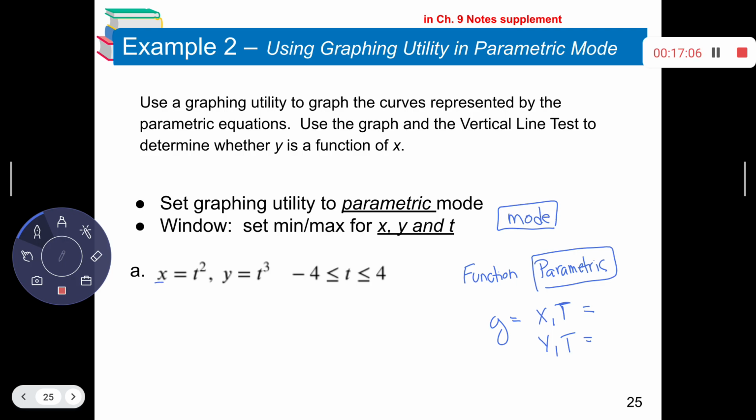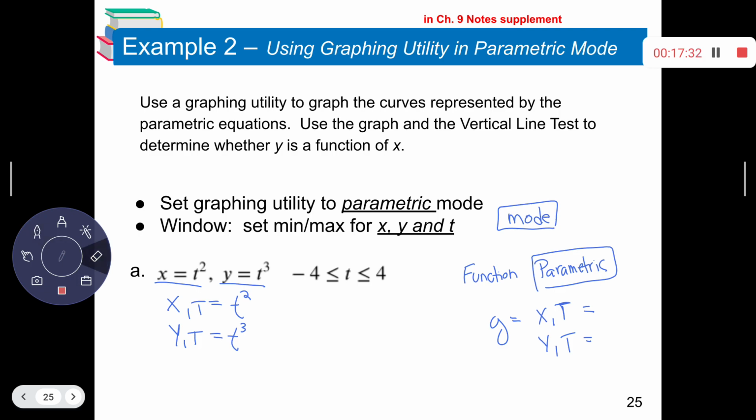So practice that right now and put in the first line, x1 of t. You would put in t squared. And you'll notice when you hit your variable button, it's going to put a t in there. It's not going to put an x. It's going to put a t. So put in your t squared. And in your y sub 1 of t, put in t to the 3rd.